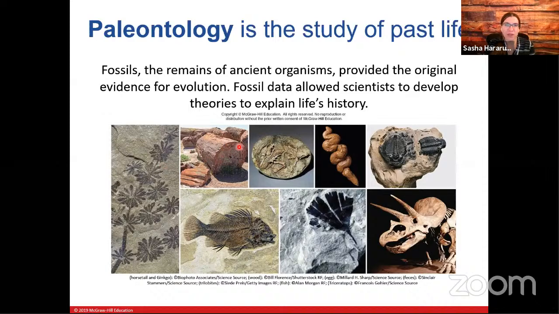In some specimens of petrified wood, you can even see the tree rings. So you can compare the width of the tree rings and infer how the trees grew many years ago.